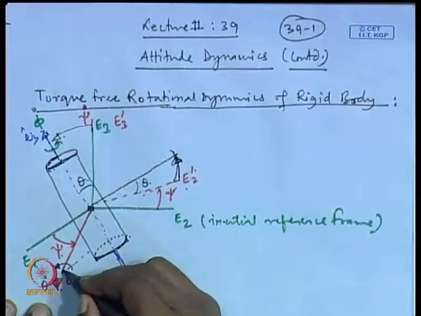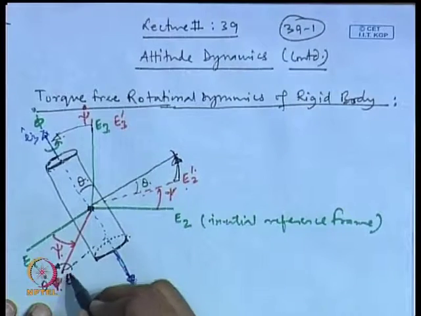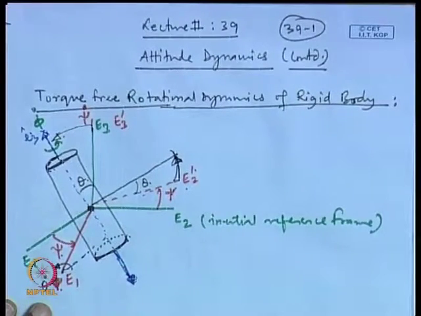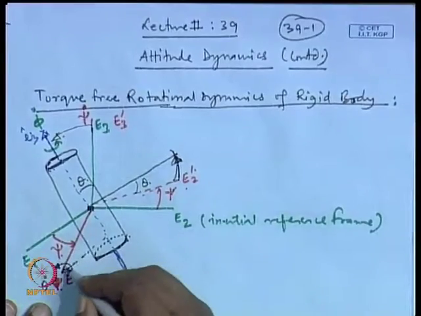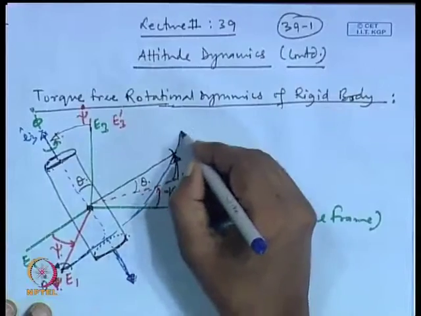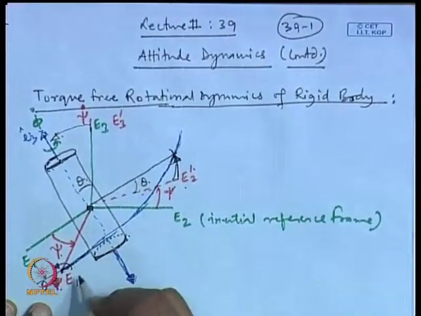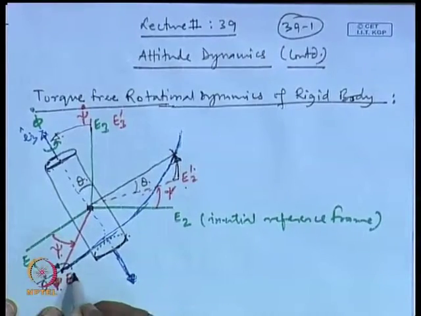Let us say the plane we indicate, this line is showing one plane in which this was your E1 prime.